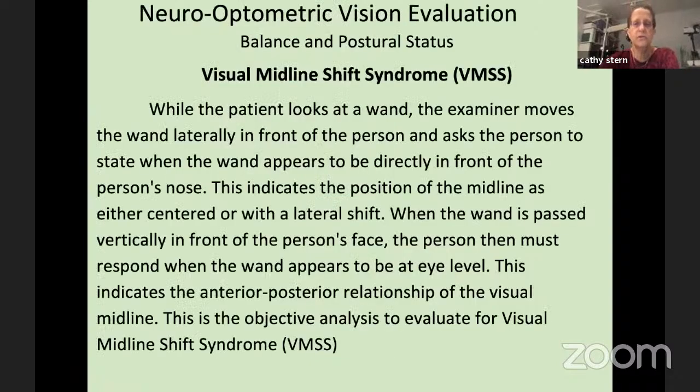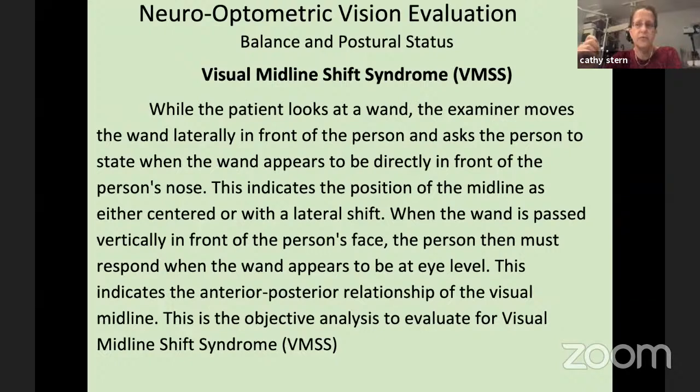In terms of visual midline shift syndrome, what are we asking the patient to do? Well, the patient is looking straight ahead at you initially, and then you may take a wand. I often use what's called a wolf wand. It's just a stick with a small gold ball or a silver ball on the top. And I put it off to the side and I ask the patient to look at it.